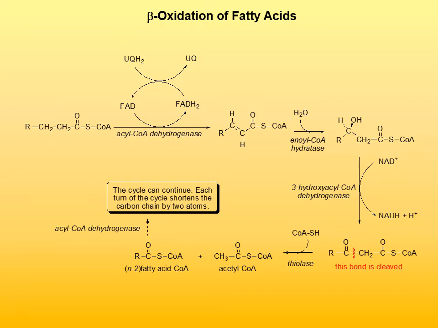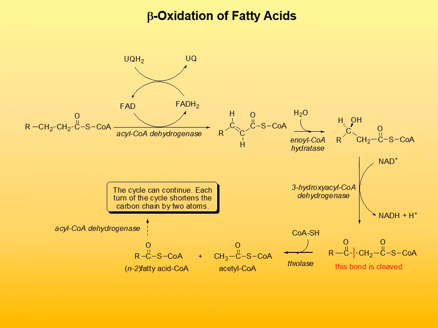There is no need to carry out one more cycle. So the number of cycles needed to completely degrade a saturated fatty acid is the number of carbon atoms divided by 2 minus 1. So in the case of a C18 fatty acid, that would be 18 divided by 2, 9, minus 1, 8.